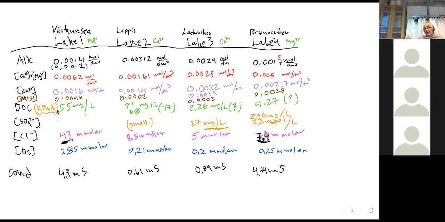Okay, so they dissolve some minerals. Yeah.